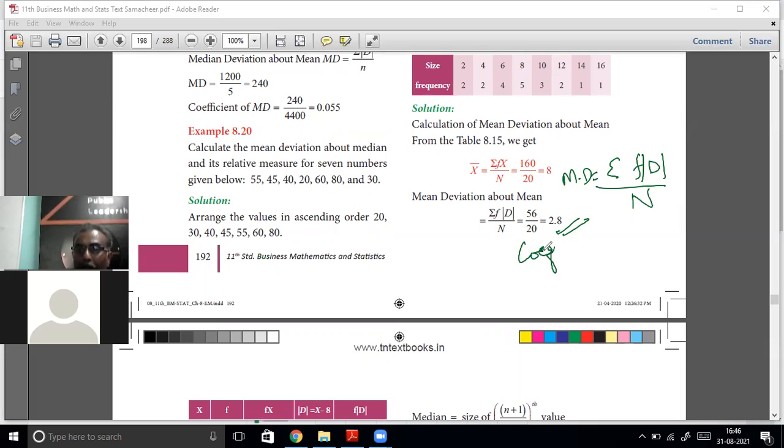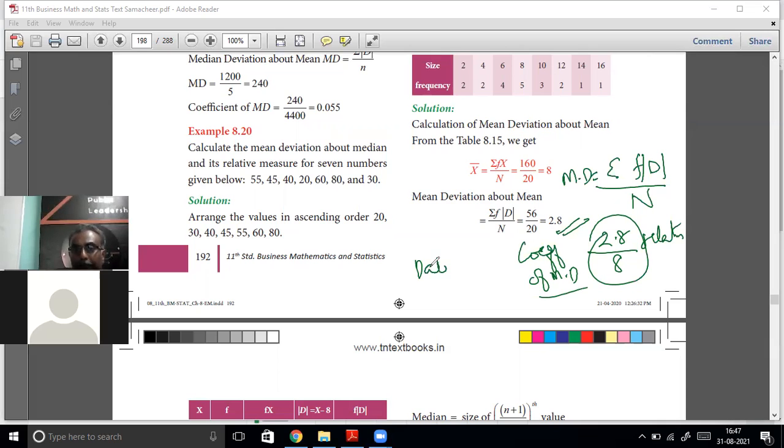If he's asking for the coefficient, then you have to do 2.8, which is the mean deviation, divided by the mean, which is 8. 2.8 by 8 will give you the coefficient of mean deviation. This will be a relative value. You can compare this with the coefficient of mean deviation of another data set.